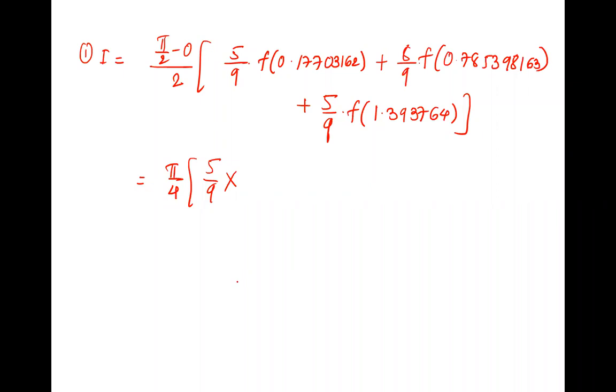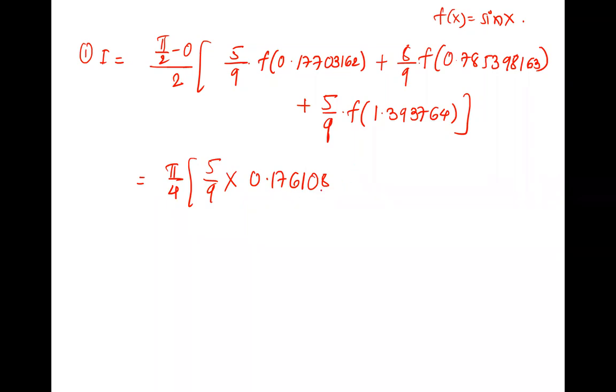What do you get? I'm getting 0.1761. Okay, then correct. Bring the calculator to radian first. Sin x is the function, put this x. Check you are getting this.